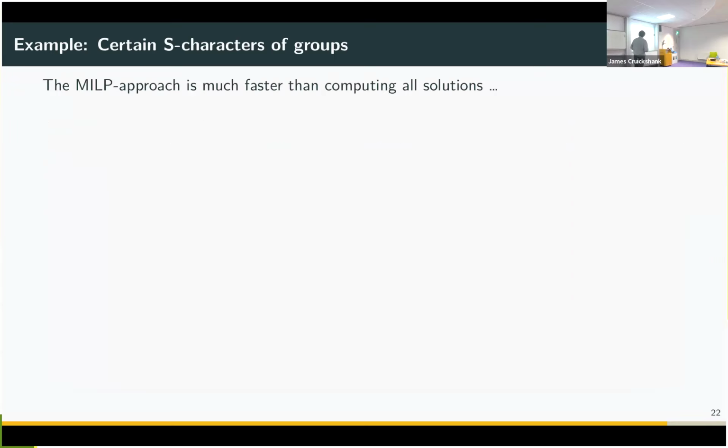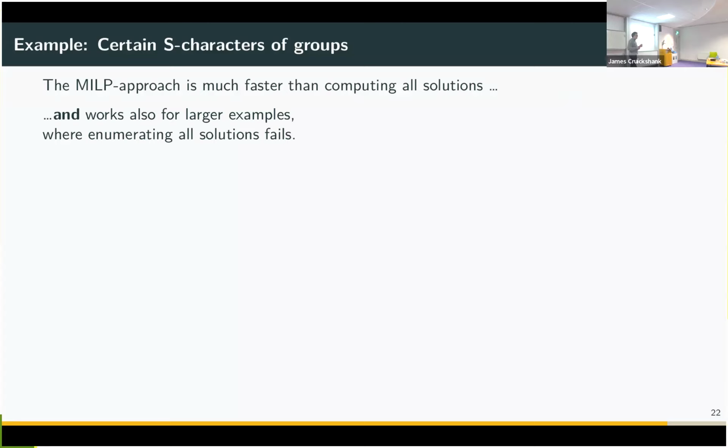And in fact, this approach is weaker, of course. It's just one solution. We don't know whether there are others, but it's much faster than enumerating all these solutions. And it works also for larger examples where the first approach fails just because of overflow. So there are matrices which are quite big, 40 by something matrices, and then either Julia crashes because of exhausting the space, or the runtime is so long that we don't even reach this point.